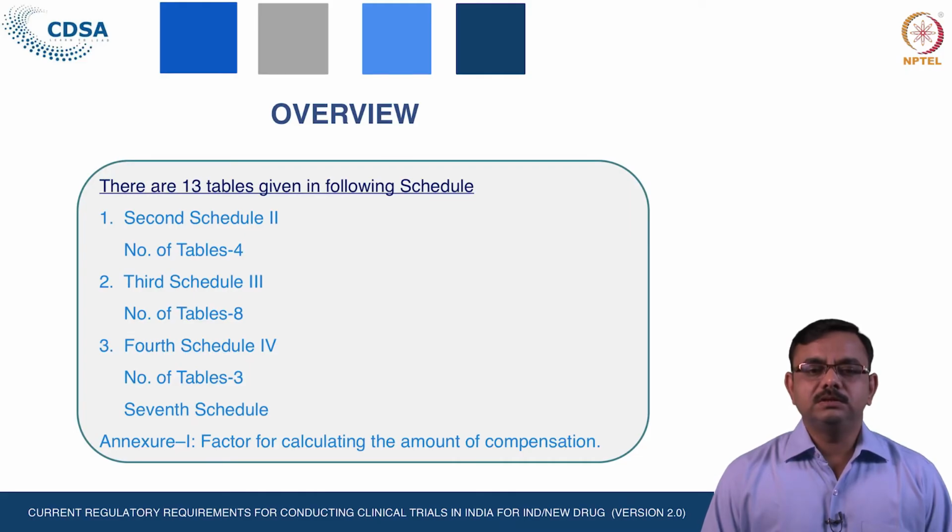The third schedule has around 8 tables. The fourth schedule has 3 tables. There is one more, the seventh schedule, wherein there is no table but one annexure, related to the factor for calculation of the amount of compensation.